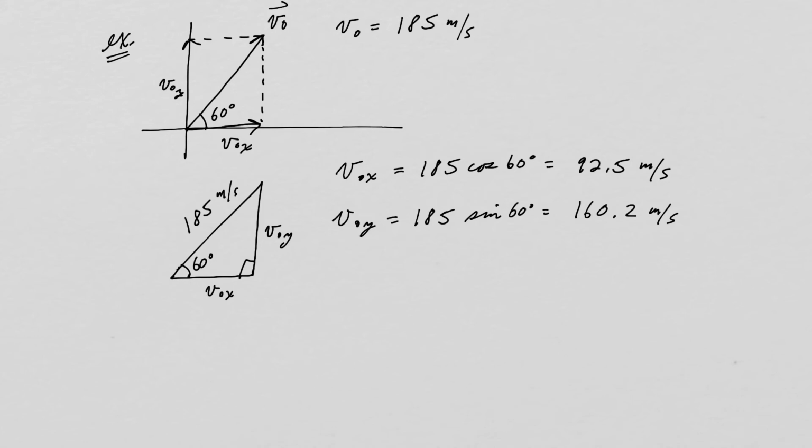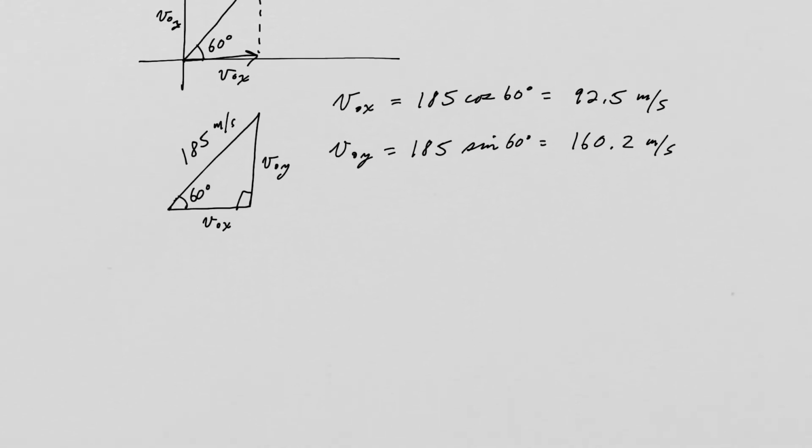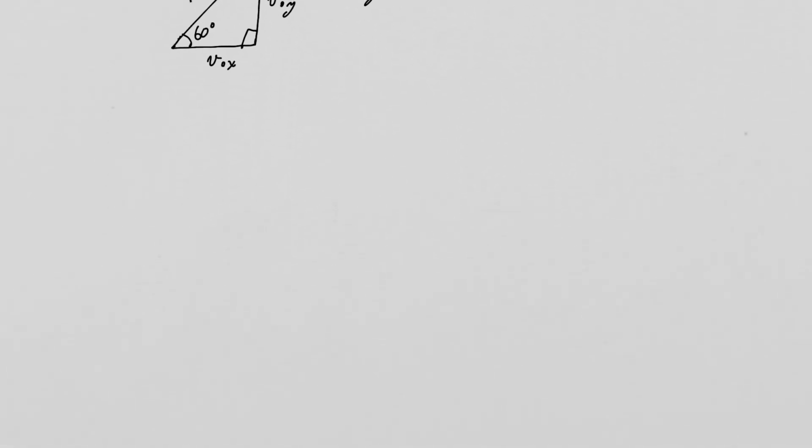Another thing with projectile motion is I could give you the launch speed, which is the magnitude of launch velocity, and I could ask for the range. So, for example, let me draw this out.